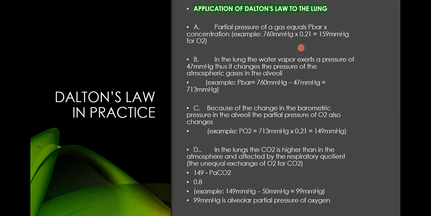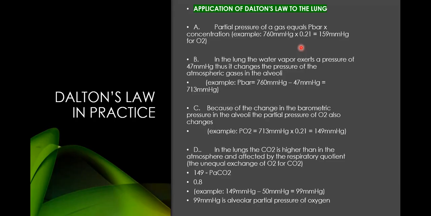If a regular CO2 is 40 divided by 0.8 for a regular respiratory quotient, what is 40 divided by 0.8? 50, see? That gives me 50. So now I have 149 minus 50, and that gives me what? 99. So PAO2, big A, leaves us with about 99 millimeters of mercury. Thus, that is the partial pressure of oxygen in the alveoli.